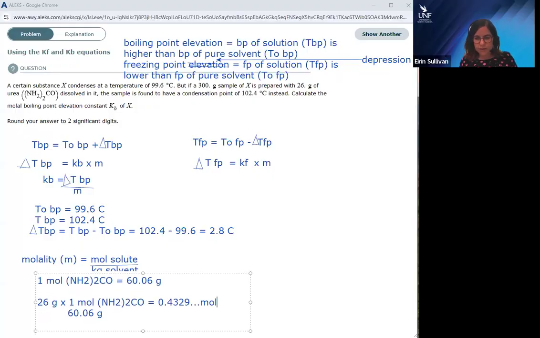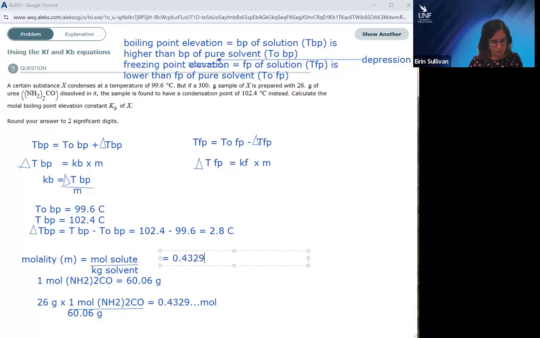So now I should be good to calculate my molality. Again, I've been given my mass of my solvent as 300 grams, and we define molality in kilograms. So what I need to do is take my number of moles, 0.4329 moles, divide by the mass in kilograms. If I don't have it, I can just use unit conversion. I should know by now that 1 kilogram is 10 to the power of 3 grams, or 1,000 grams if you prefer.